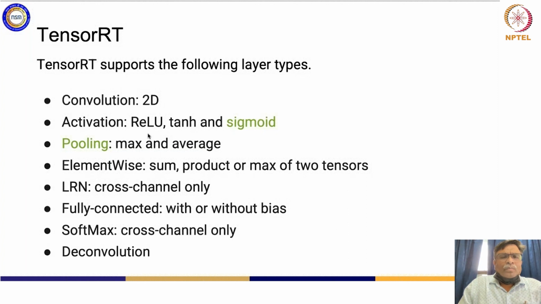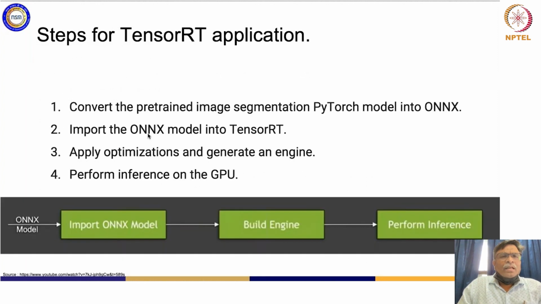And now that effectively means that whenever you are trying to convert any model for inferencing, the steps would be something like this. For example, if you are developing an image segmentation application, you convert the pre-trained image segmentation PyTorch model, or for that matter a TensorFlow model, into ONNX or UFF, anything.